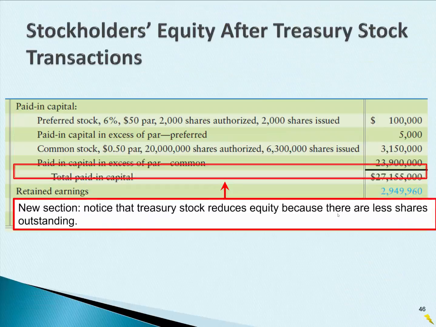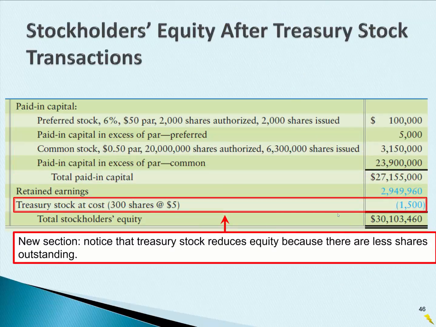Now let's look at the stockholders' equity section after our Treasury stock transactions. So we've got our normal paid-in capital, we've got preferred stock, paid-in capital in excess of par, common stock, paid-in capital in excess of par on the common. And then we have our retained earnings, and then Treasury stock will be listed after retained earnings.